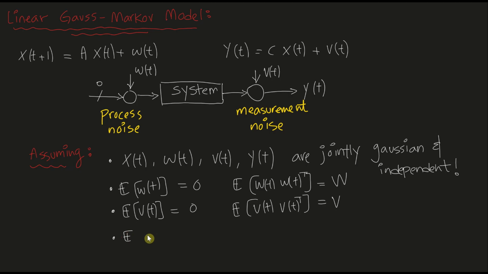And also the expected value for the initial conditions are described as such, where we have a mean value and we also have a variance value for the initial condition. And this is how we always describe variance. Transpose equal to sigma naught. There it is.